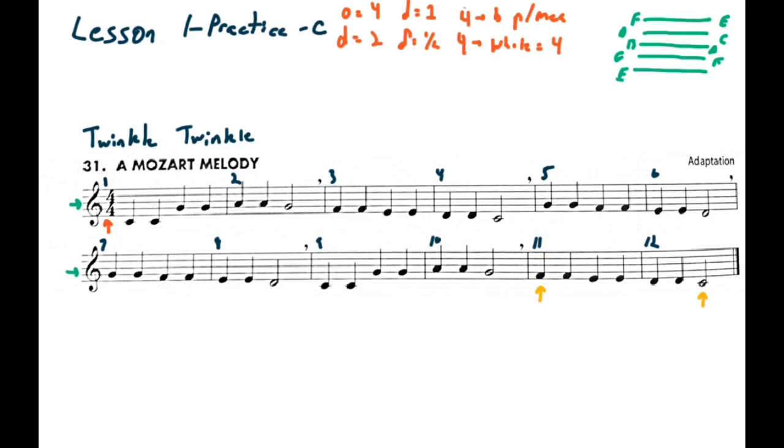Now, let's start talking about how much each one gets. Well, we know a quarter note gets 1, so let's label them. 1, 1, 1, 1, 1, 1. Now what does a half note get? Half note gets 2. Very good. We have 1, 1, 1. I should write these in blue just to differentiate.